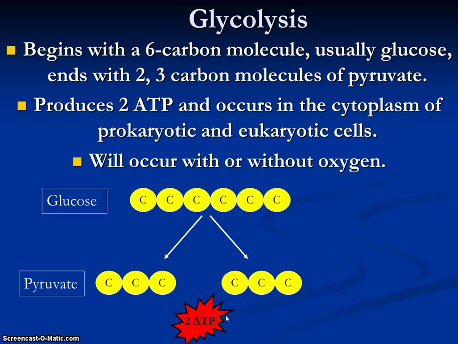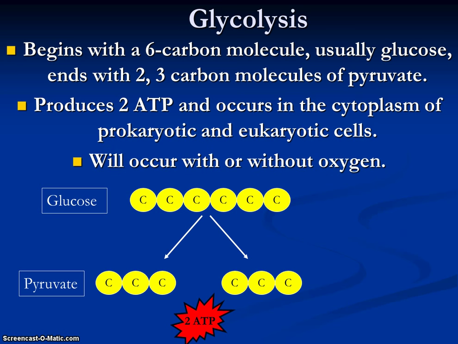Now this glycolysis stage does not occur in the mitochondria. And I want you to think about this. This glycolysis part, the first part to get cell respiration going, actually occurs in the cytoplasm of the cell, floating out in the cytoplasm of the cell.